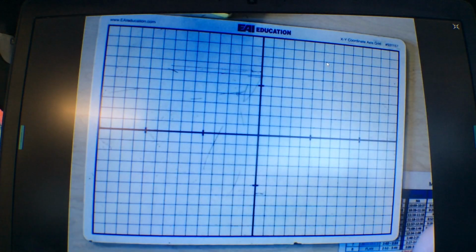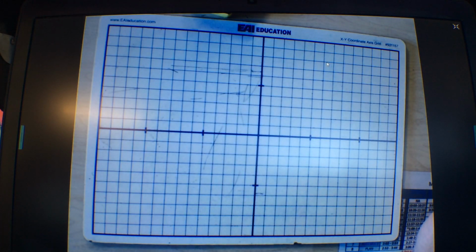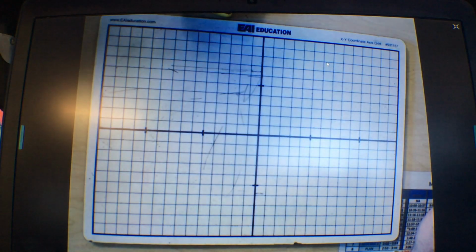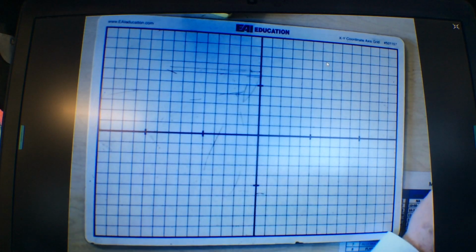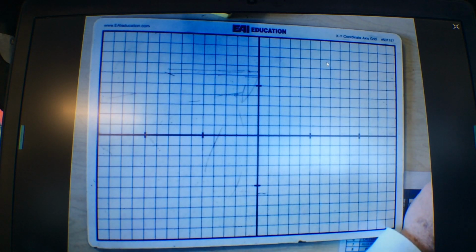Okay, all right. So let's take a look on page 154, please. Page 154. Would you read the directions of 10 through 21 for me, Tater? Find the 0 of each function by graphing. What kind of method do I use?